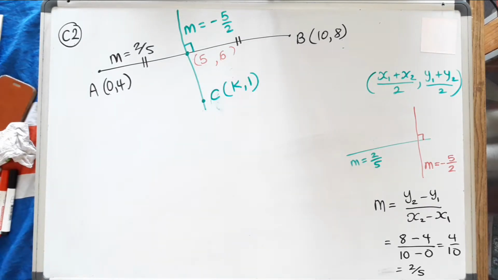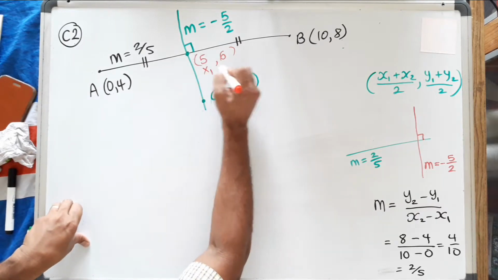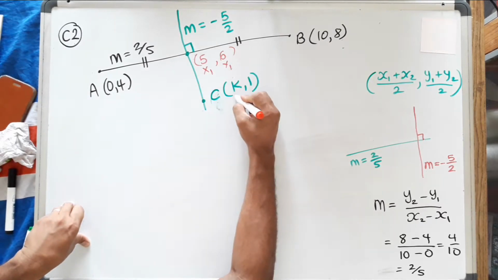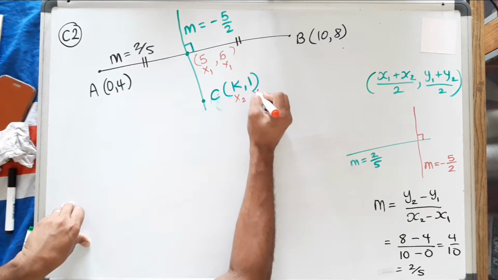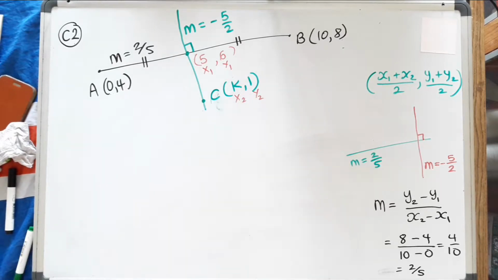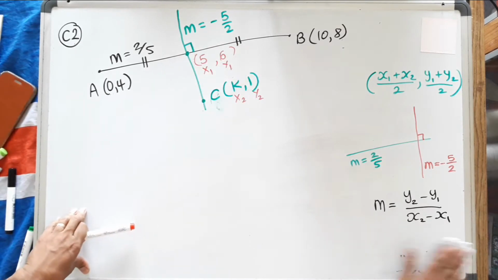So let's form an equation out of this. Let's call the first one x1 and y1, and the next point x2 and y2. I am going to find the gradient of this green line using this formula.